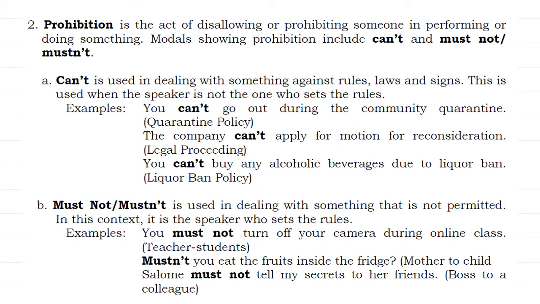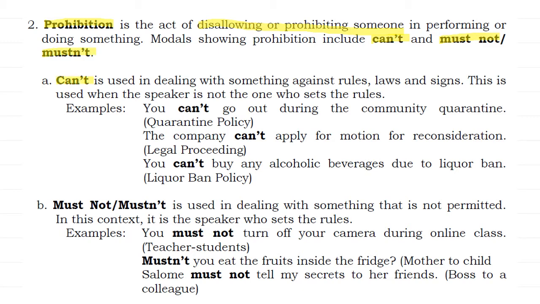The next set of modals is used for prohibition. Prohibition is the act of disallowing or prohibiting someone in performing or doing something. Modals showing prohibition include can't and must not, or its contracted form, mustn't.